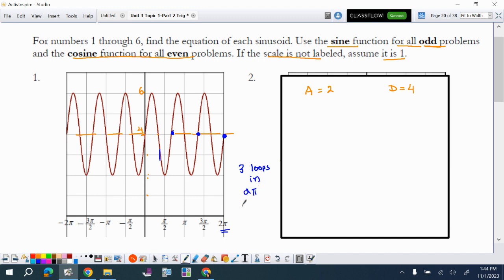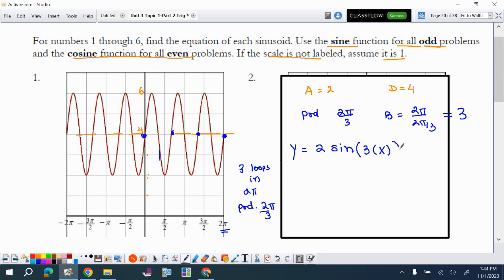So that means period is 2 pi over 3, which means B is 2 pi over 2 pi over 3, which will give you 3. And the easiest equation for this is a sine again. So 2 sine 3x. There is a zero shift because it's a sine graph starts from here, and plus 4.